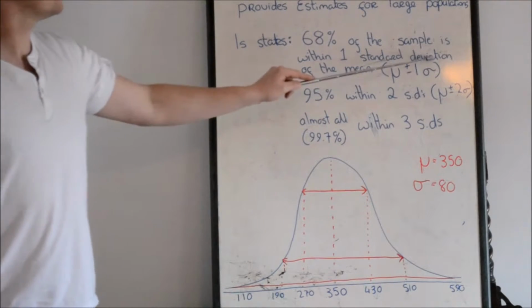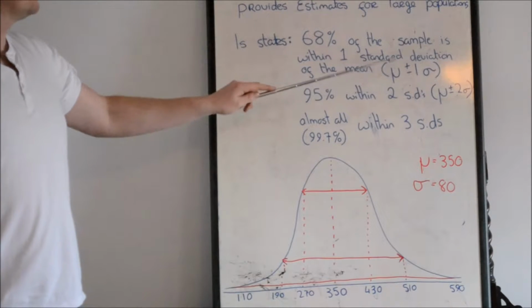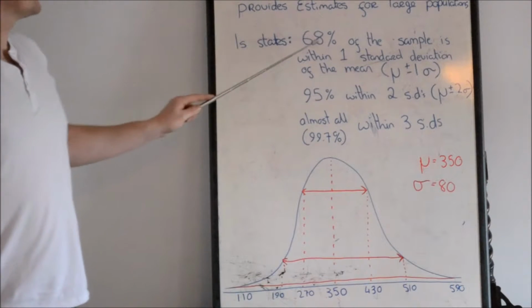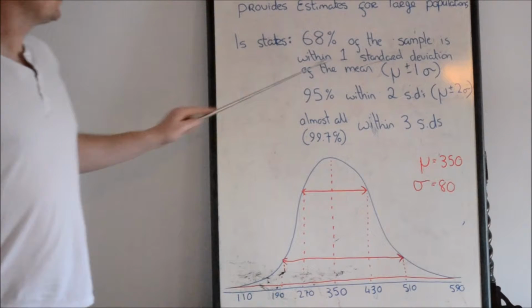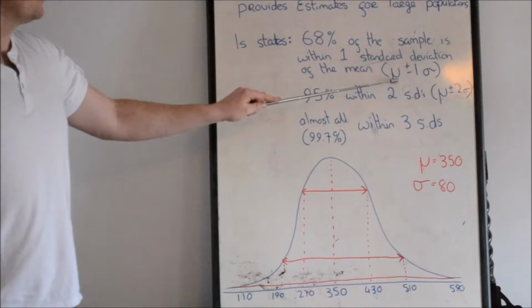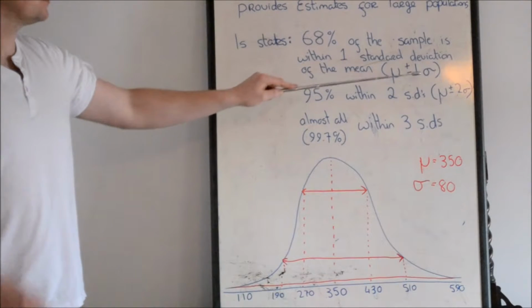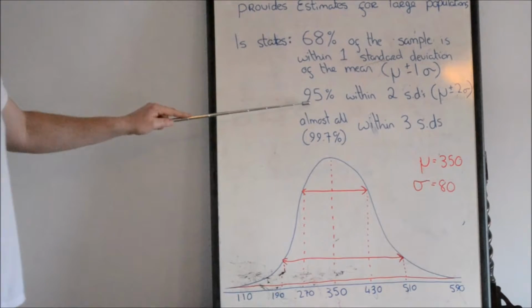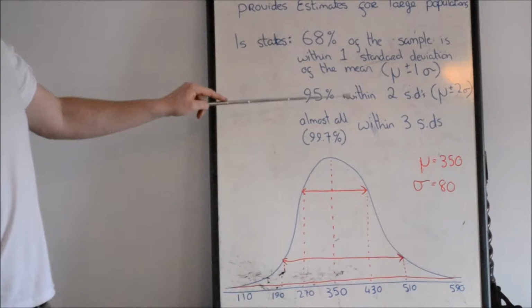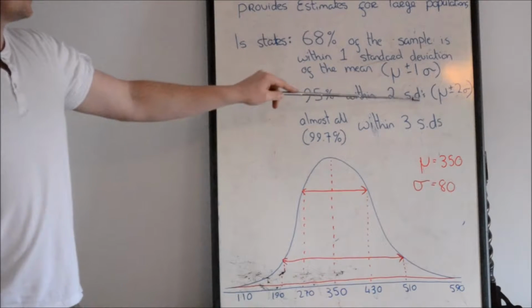And again, just using the mathematical terms, 68%, one standard deviation of the mean is set like that. So here's the mean, standard deviation, so it's plus or minus one standard deviation. 95% of the sample is within two standard deviations.